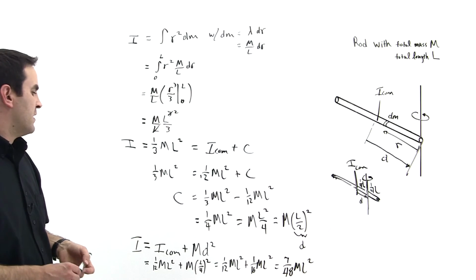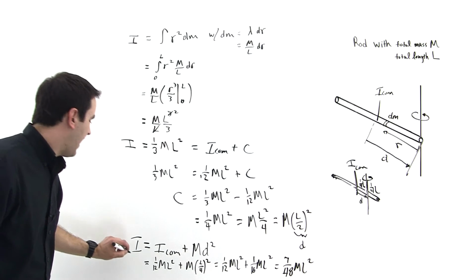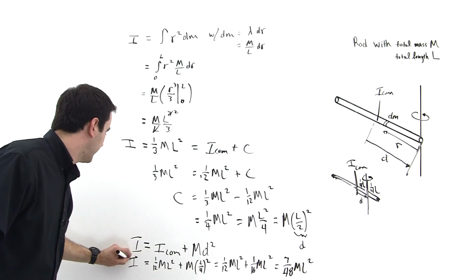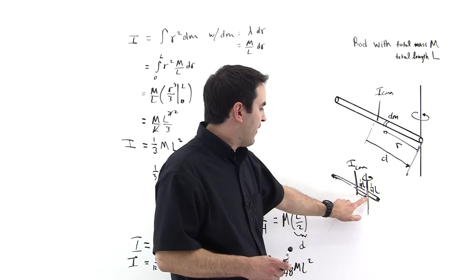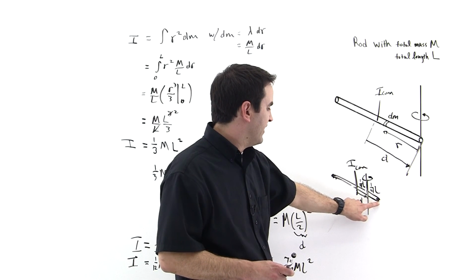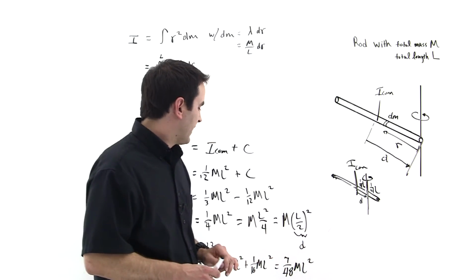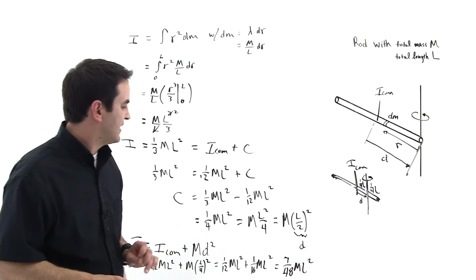Okay? So about this bizarre axis, at 1/4 L away from the end, I is equal to 7 over 48 times m L squared.